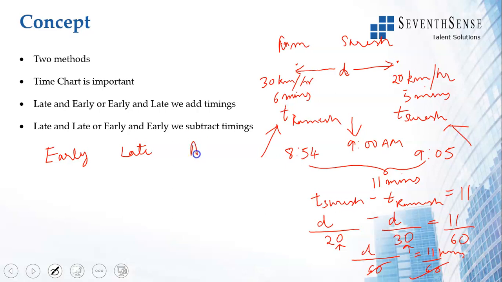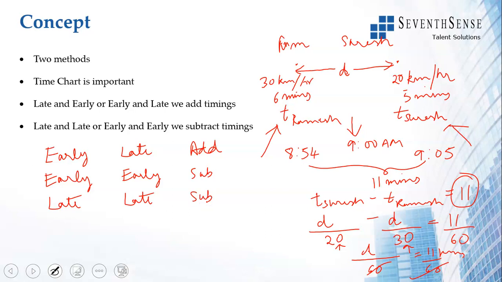You add the time that one of them is early to the time the other person is late, and that is the reason you counted that as 11. If both are early, it is subtraction, and if both are late, it is subtraction.